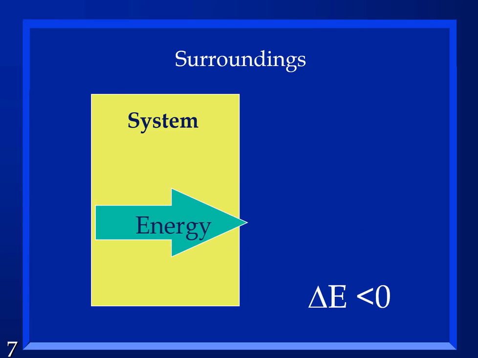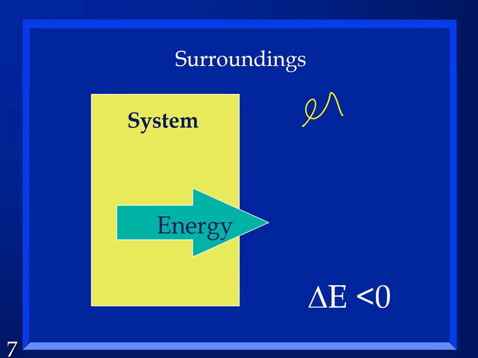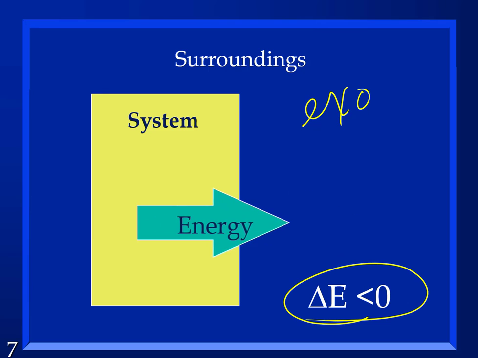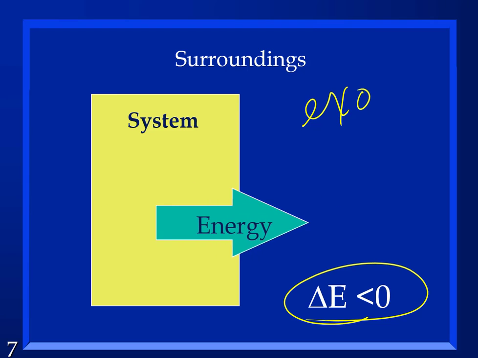In this diagram, what kind of change is it trying to show you? Exothermic. Energy is leaving, so this is exothermic. And notice this, delta E is less than 0. That's another way of saying negative.